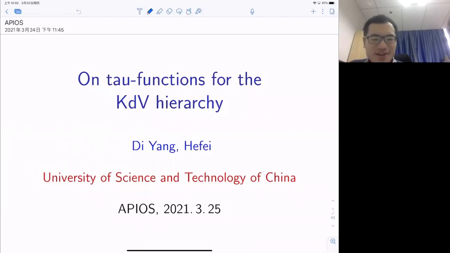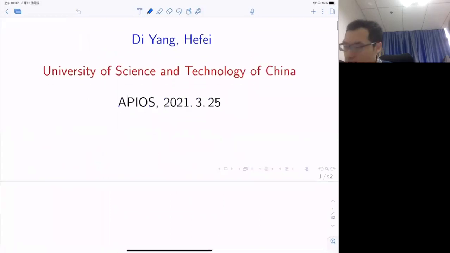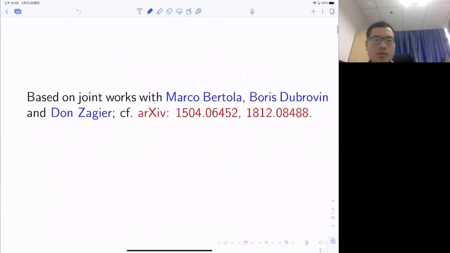I believe everybody is familiar, so I will start with a brief recall of the KdV hierarchy, and then we move to the main consideration about tau functions. The work is joint with Marco Bertola, Boris Dubrovin, and Don Zagier.